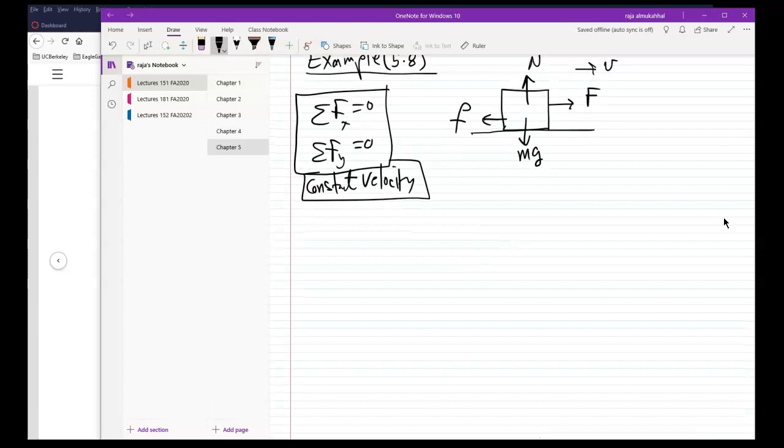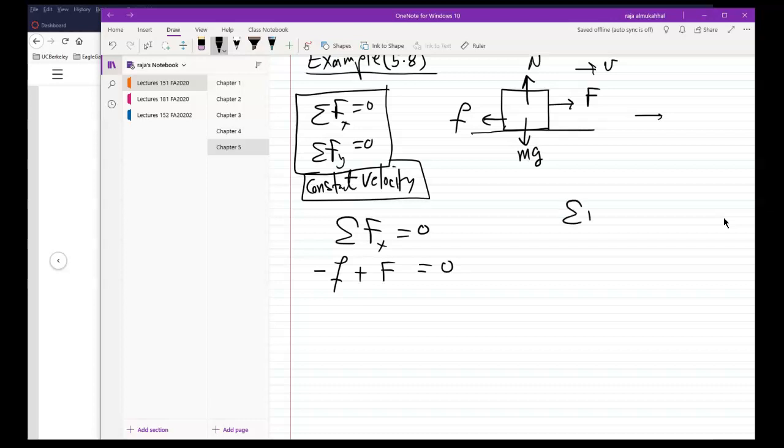Let's start with, of course, the interesting part, which is the motion along the x-axis. So sigma F sub x equals 0. What do I have? I have minus f, the friction, plus big F, the one that is 230 and 200, I'll come back to it, equal to 0. Done. Now let's do sigma Fy equals 0 again.